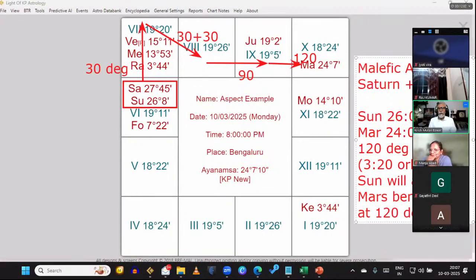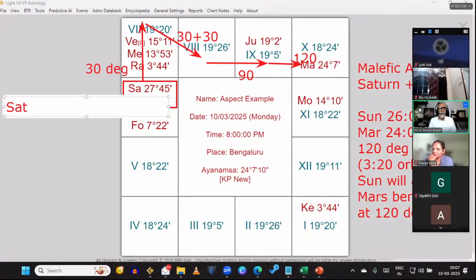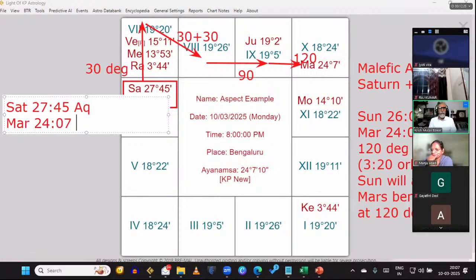Whereas you take a look at Saturn. If you look at Saturn, where is Saturn? Saturn is at 27°45' in Aquarius. Mars is at 24°07' in Gemini. And the difference is 120 minus 3.4.